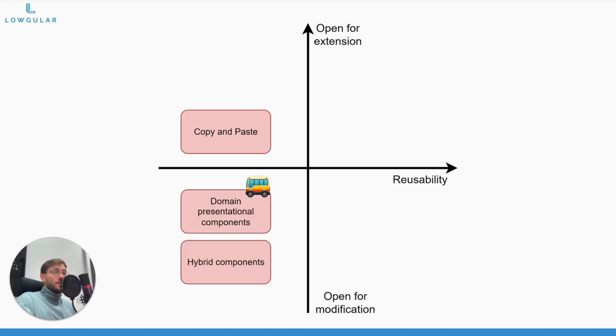Next, we learned that it's not a good idea to create hybrid components and mix domain logic with the presentational layer. That's why it's good to create smart components to connect the UI layer with the application layer, and only if needed, dummy components to reuse some parts of the UI.